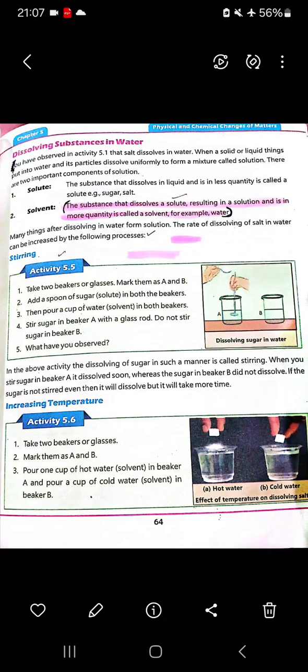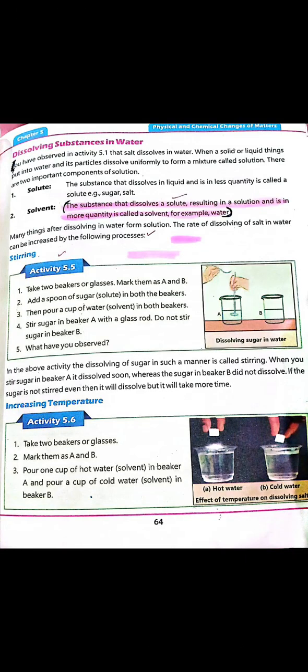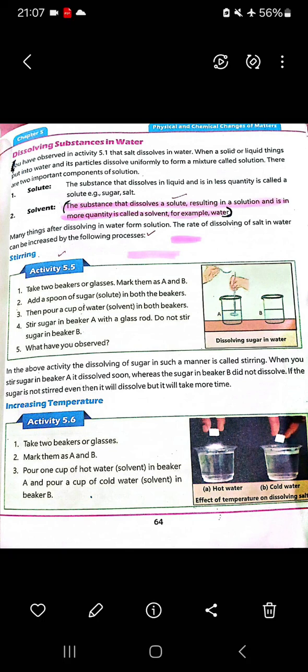But you are going to make the solution in both of the beakers, but you just stir the solution in beaker A. So by stirring, you will make the solution in less time, while the solution in beaker B will take more time to dissolve in it, because the stirring helps the solubility of the solution.